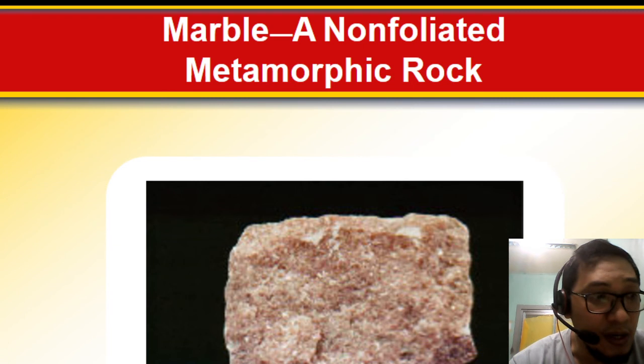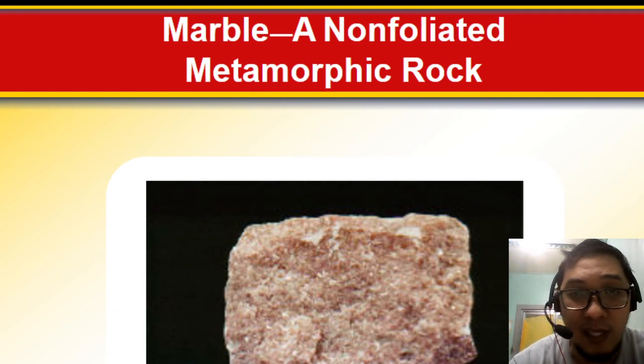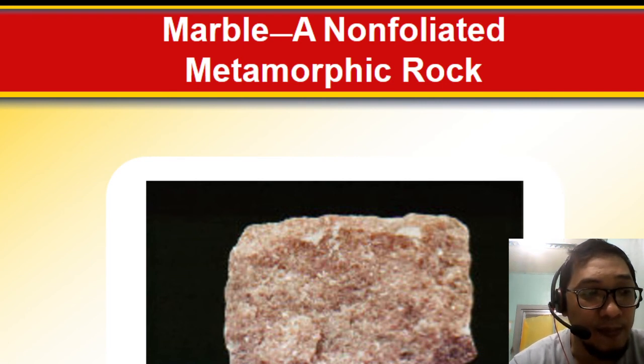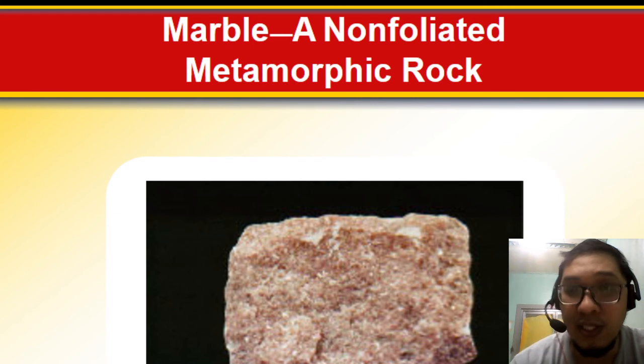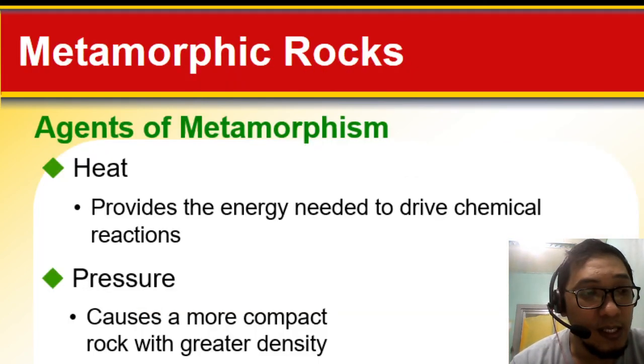Directed pressures and high temperatures occur during mountain building. If there are large mountains in your area, then surely there is a great chance there is regional metamorphism. It produces the greatest volume of metamorphic rock. And as mentioned in the agents, heat is one of the factors, as well as pressure.